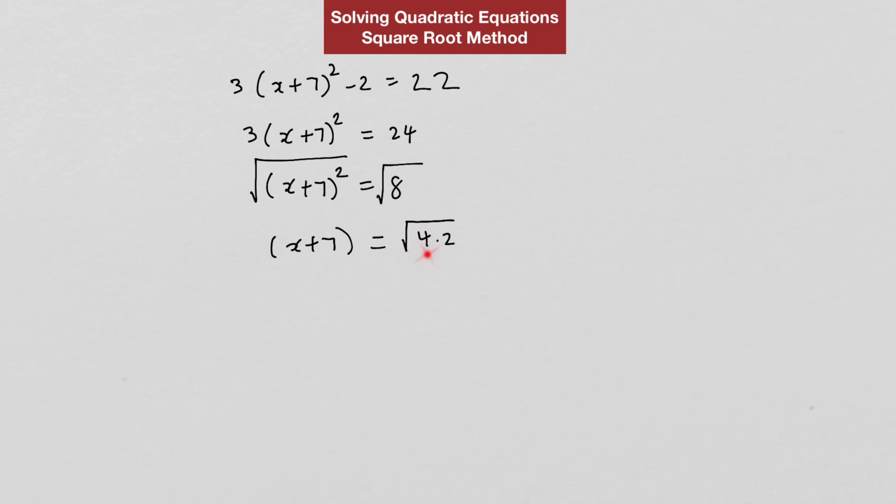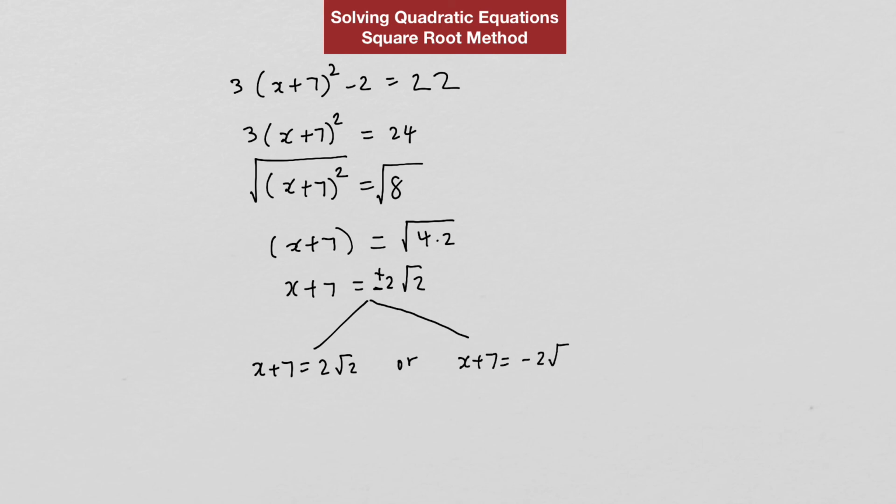We know that the square root of 4 is 2, and therefore this equation now becomes x plus 7 is equal to 2 square root 2, and we have to remember the plus or minus sign. Okay, plus or minus. So now we're going to do the options here, and we're going to set this up as x plus 7 is equal to the positive 2 square root of 2, and x plus 7 is equal to the negative 2 square root of 2.